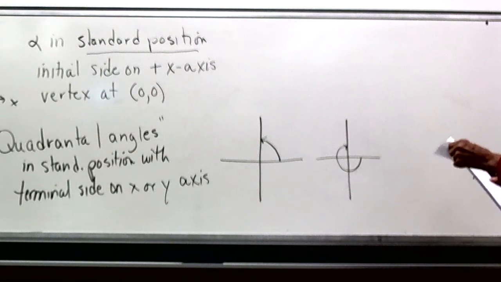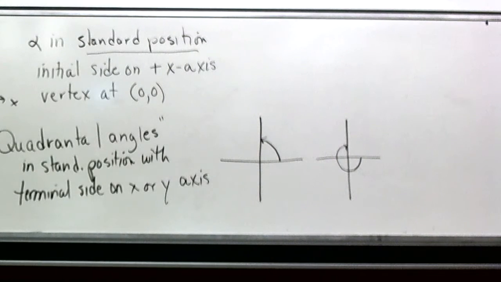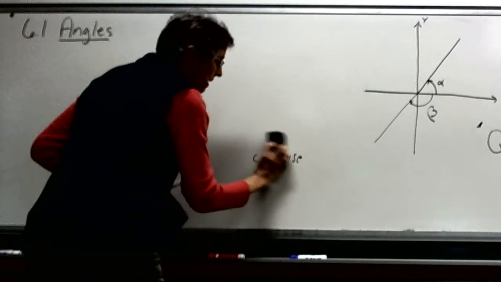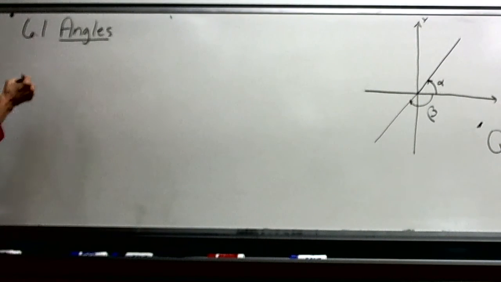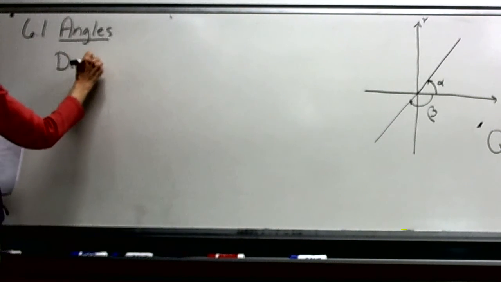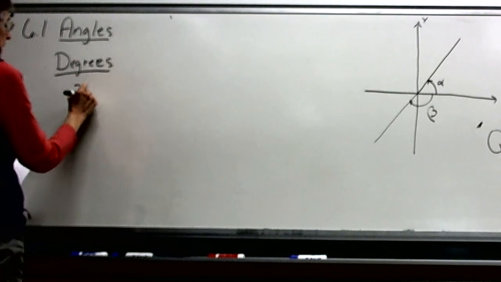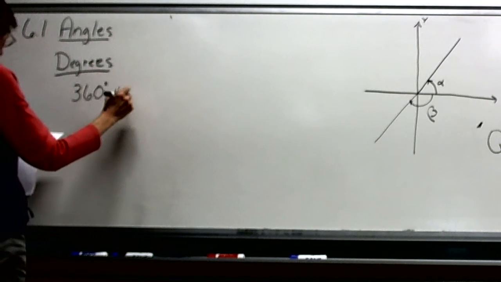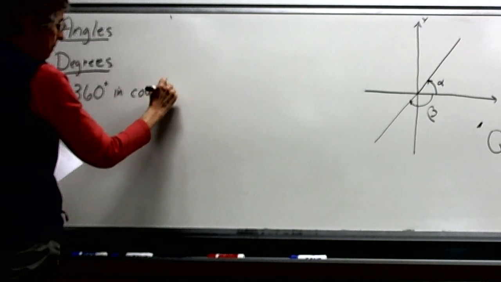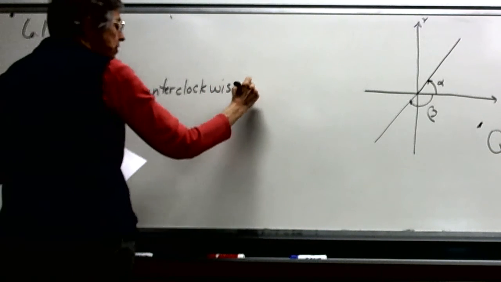Now, measuring angles, either degrees or radians. So angle measure in degrees. We say that there are 360 degrees in one counterclockwise revolution.